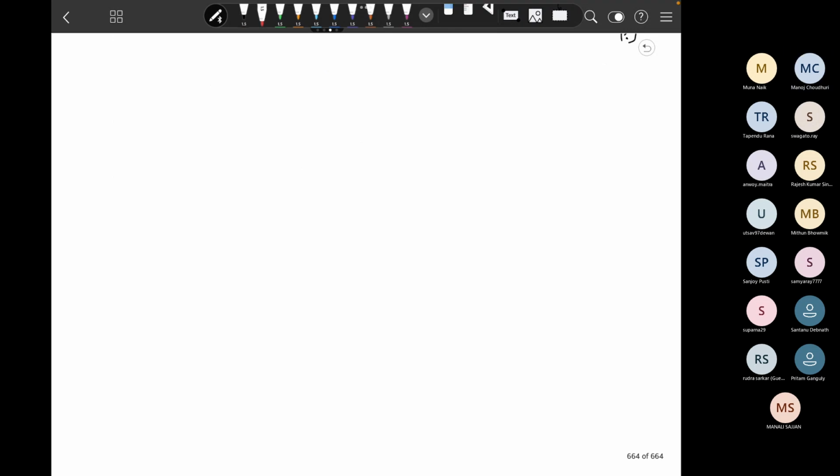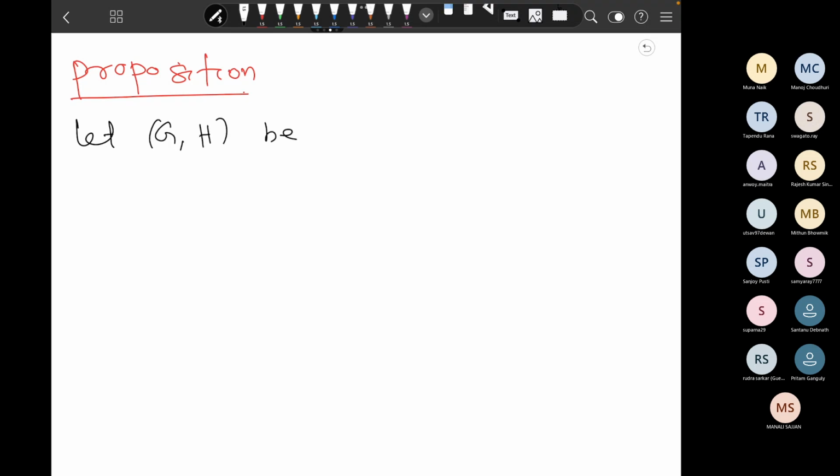Okay. So now I want to state a proposition. We want to go to examples of compact or non-compact type. The first proposition: let G, H be an effective Riemannian symmetric pair.